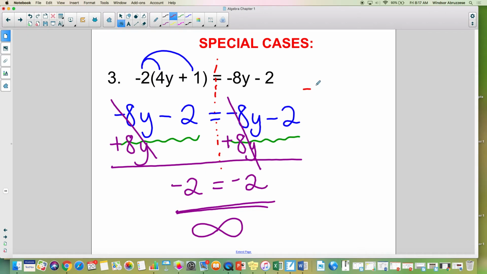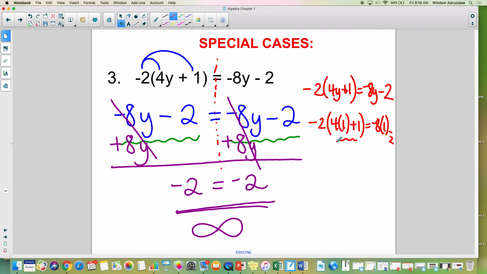And we're going to start with our original equation. Negative 2 times the quantity of 4 times 1 plus 1 equals negative 8 times 1 minus 2. Okay, so inside my parentheses, I have 4 times 1, 4, plus 1 is 5, times negative 2.